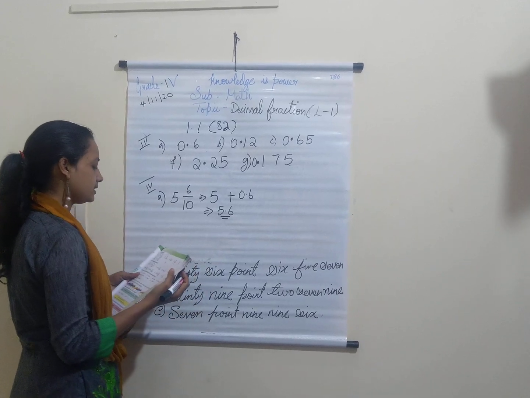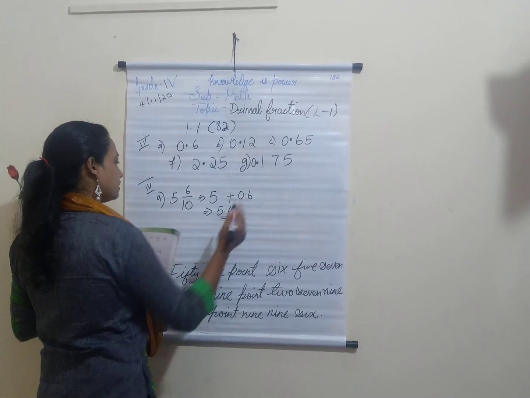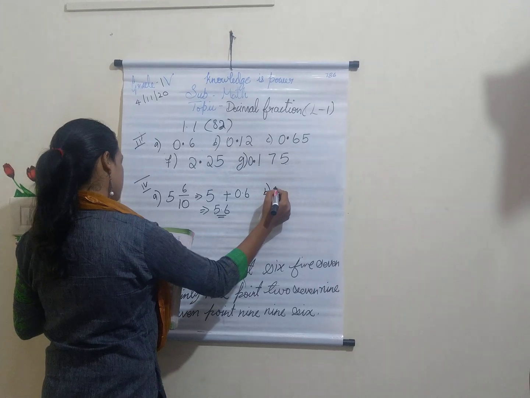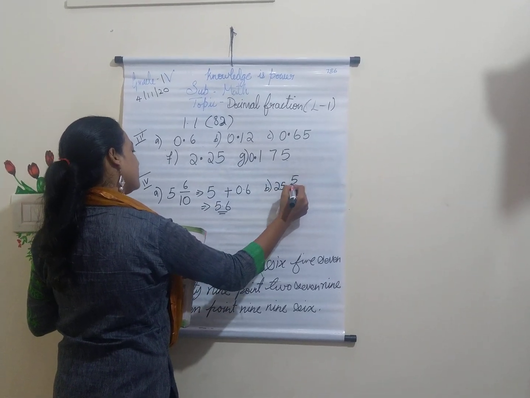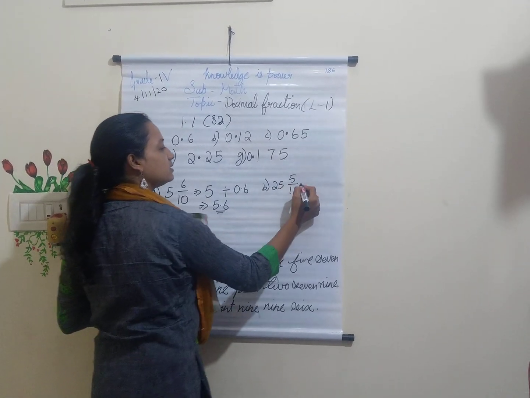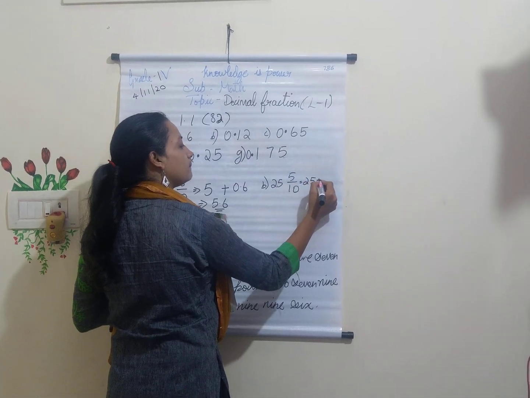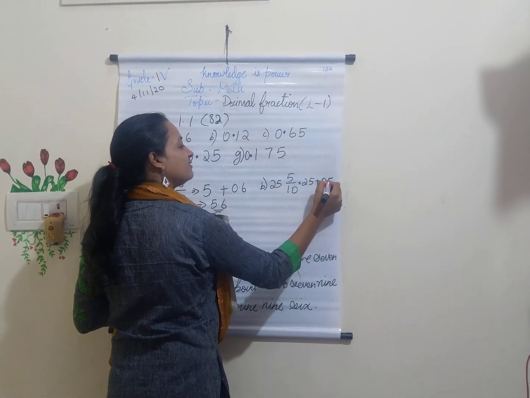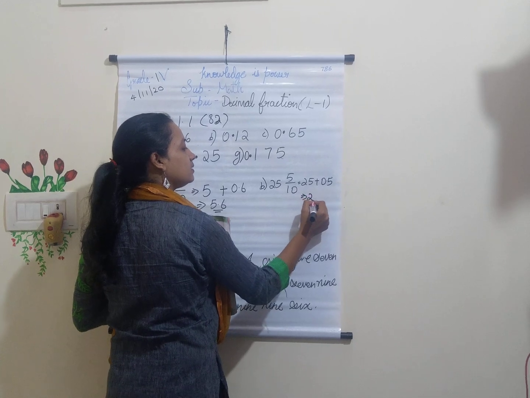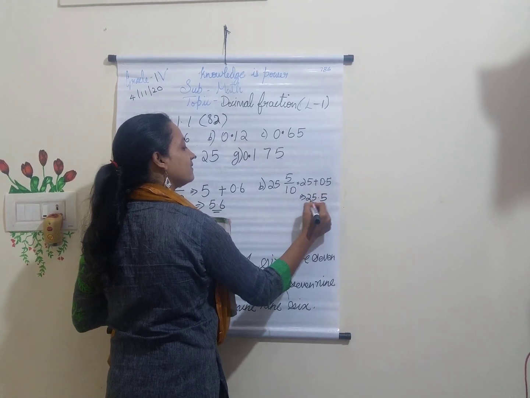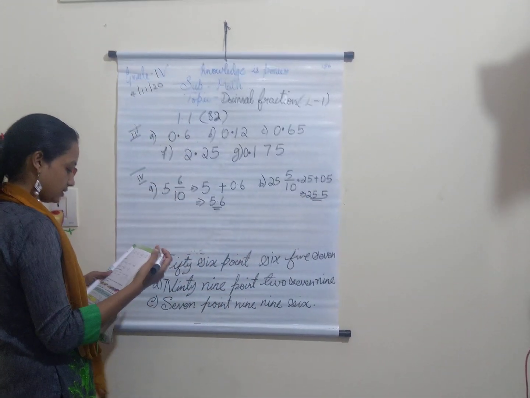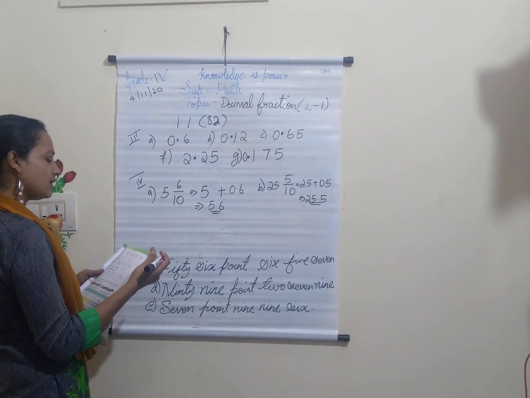Now let's write the next one. B 25, 5 by 10. So it is 25 plus 0.5. My answer is 25.5. Now I'll go for the higher numbers.